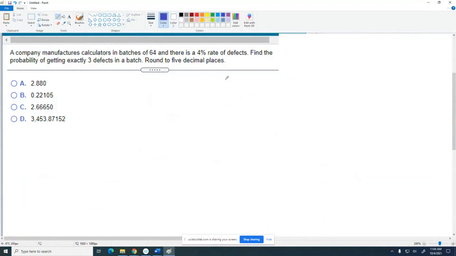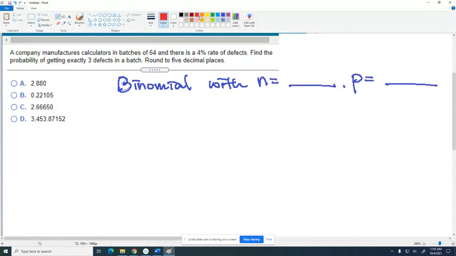Okay, you know, always for the binomial distribution, we need how many n and what is the probability of success. So can you get the number of trials? How many? 64. And can you see the probability of success? 4%, yes.